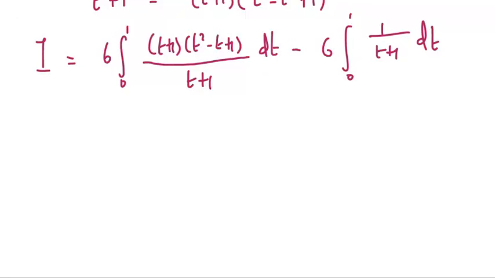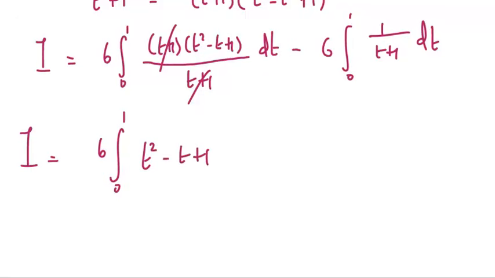Okay, so from here, I is equal to 6 integral from 0 to 1. So these both get cancelled. Then we have t squared minus t plus 1 dt, minus 6 times the natural log of t plus 1, right? With a limit from 0 to 1.